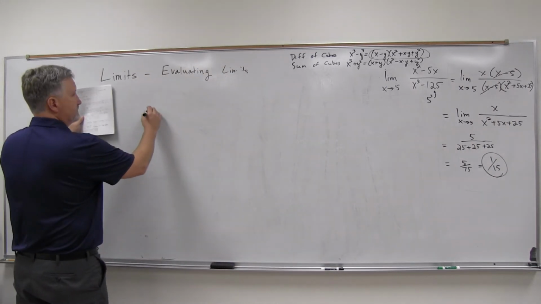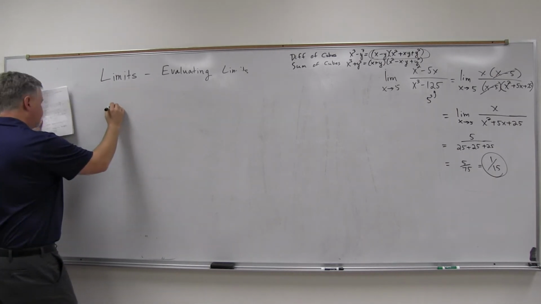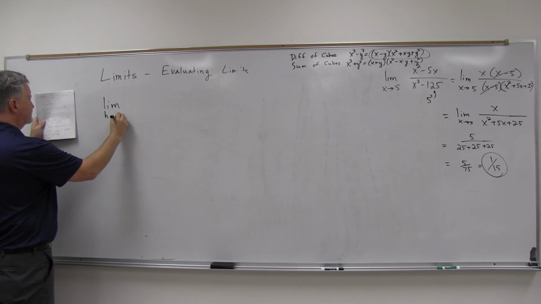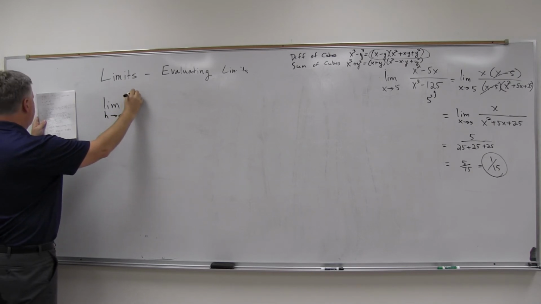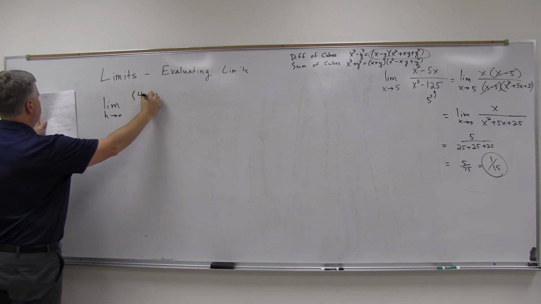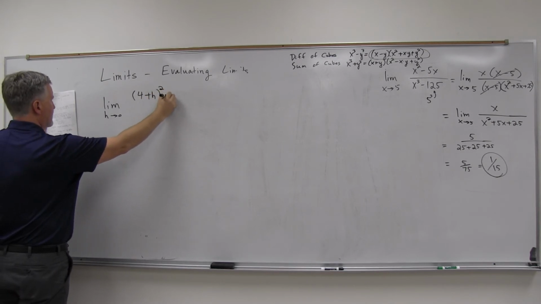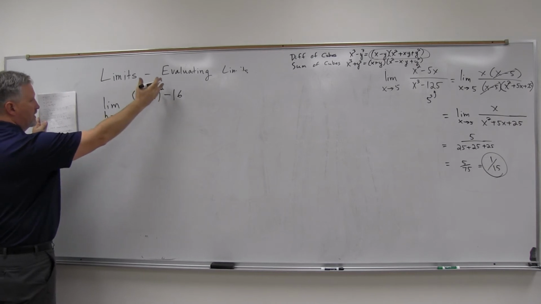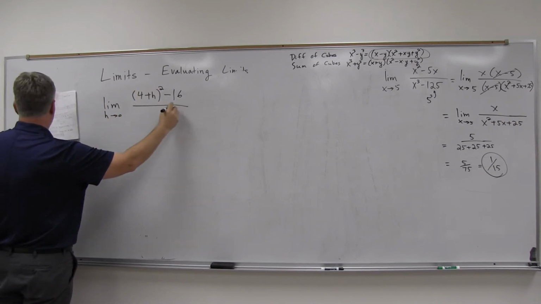All right, what about this one? What about the limit as h approaches 0 of (4 plus h) squared minus 16, over h.